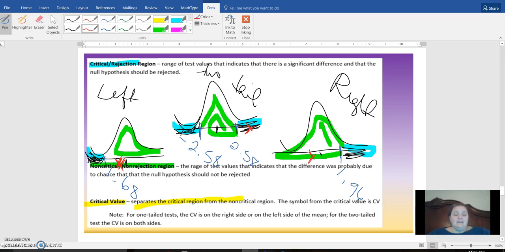When the test value happens in the critical or shaded region, you reject the null. When it's in the white piece, then you accept it.